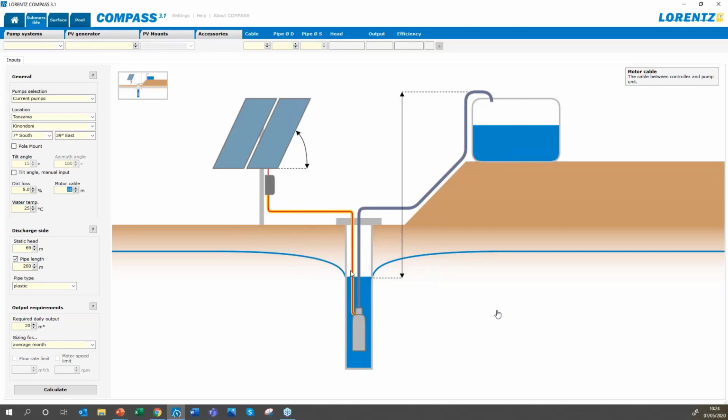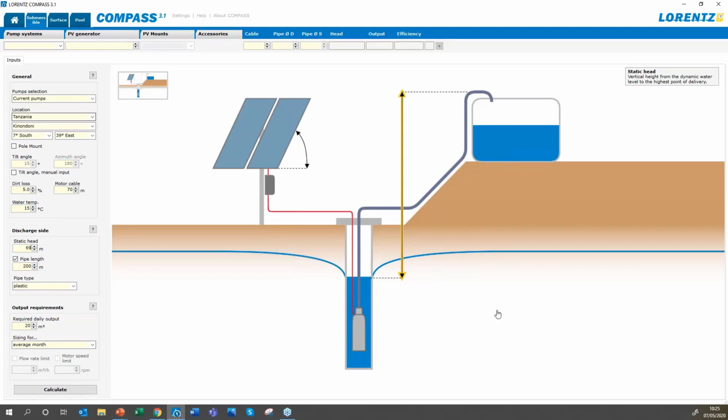Let's allow 10 meters maybe below the surface, so 62, and maybe 5 meters to the pump controller. So let's put a 70 meter motor cable in. And do we know our borehole water temperature? It's 15 degrees in this case, so we can put that in. This is going to help us choose the right pump in terms of temperature classes, so that's a good piece of information.